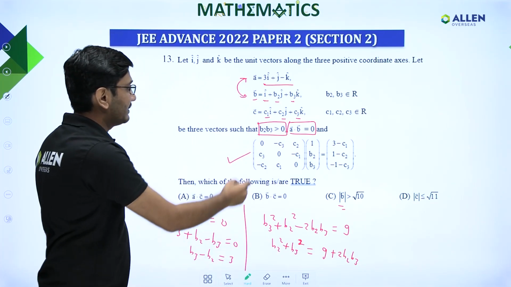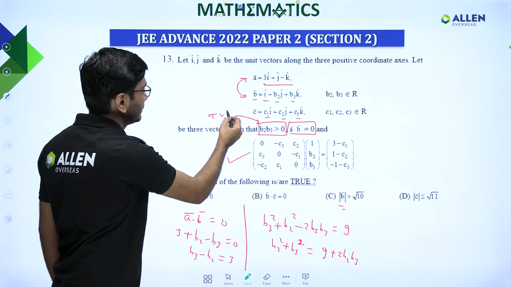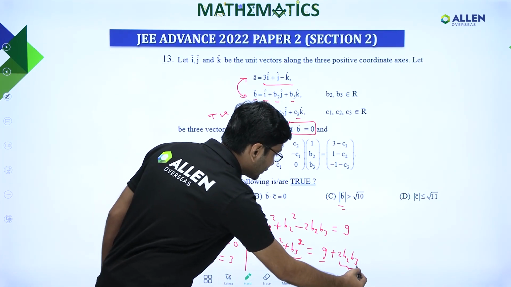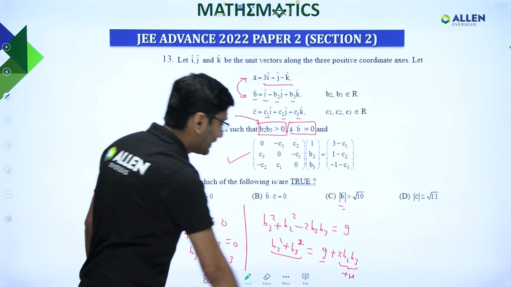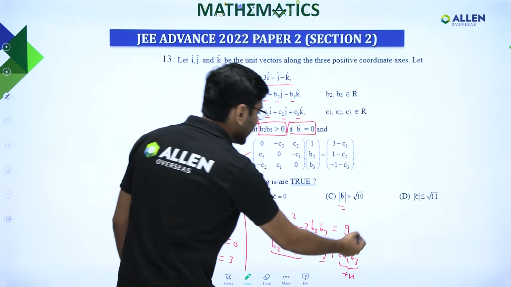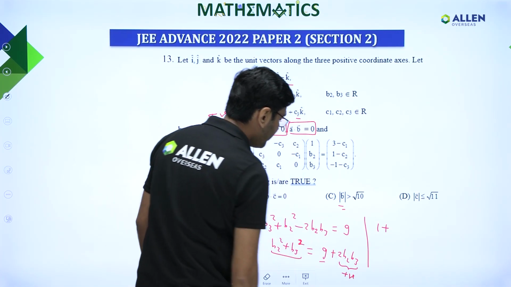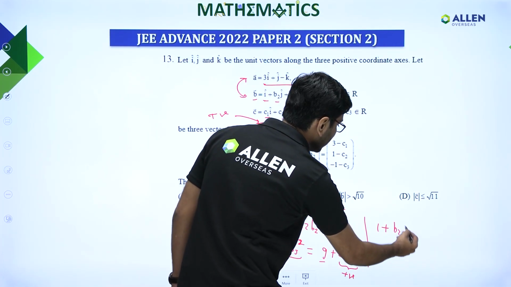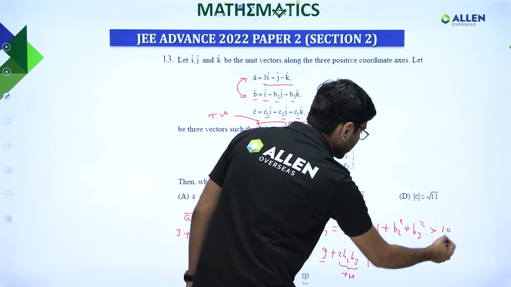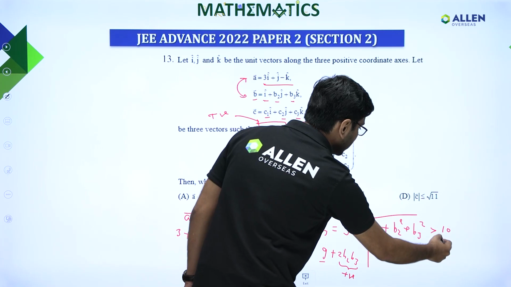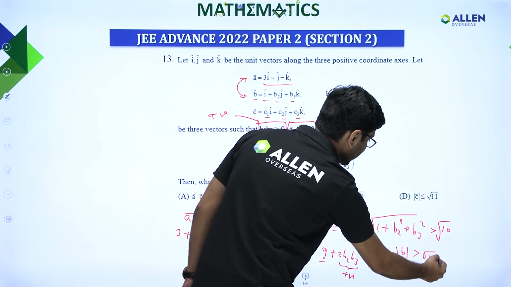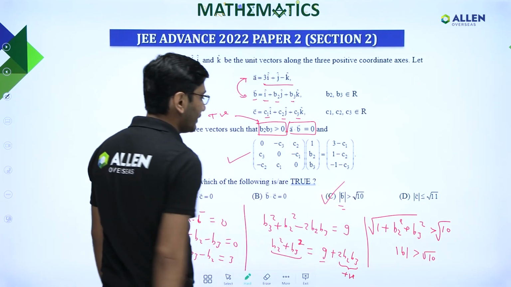But they have given us that b2 b3 is positive, which means b2 square plus b3 square will be 9 plus something positive, so definitely greater than 9, isn't it? If I add 1 on both sides, I can surely prove that 1 plus b2 square plus b3 square will be greater than 10. If I take its square root, then I am proving here that mod b is greater than root 10. So, option C would be definitely correct.